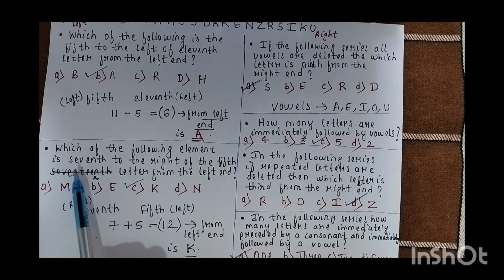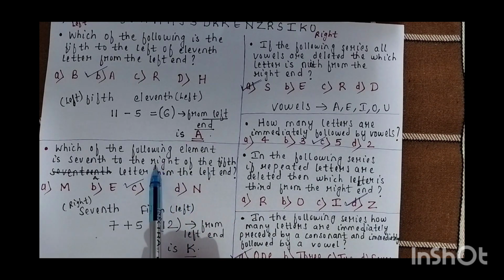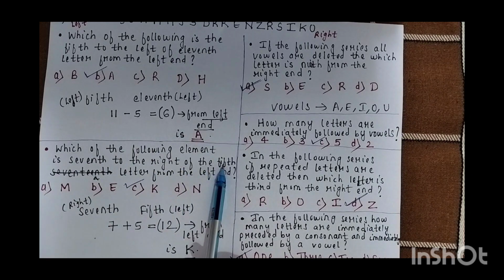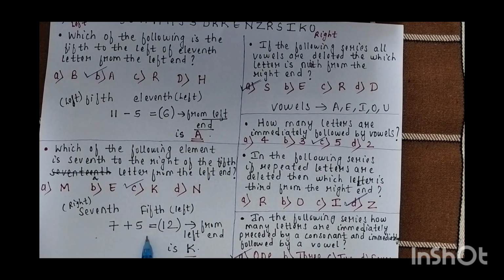Next question. Which of the following element is 7th to the right of the fifth letter from the left end? Here, right is given and left is given. So if they are different, right and left are two different, then you need to add. 7th and 5th, so 7 plus 5 will give you 12. But from what end?